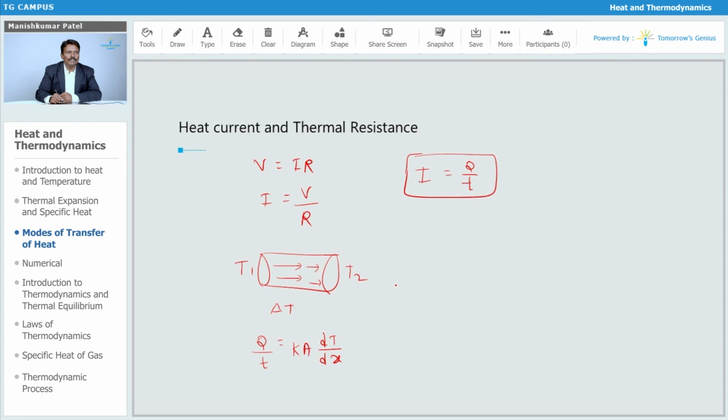Again, if we consider that, then what is the resistance? V is equal to IR. So this V is the delta T, and this I is Q upon t.